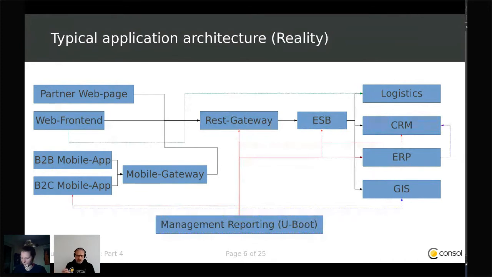You have the mobile application which accesses the geo-information systems directly and not using the REST gateway. And you might have some reporting applications which were introduced by the management because they paid some companies some money, so that they get a report from all the applications that they are able to connect to, to get an idea for sales what kind of campaigns they should start on, and so on.